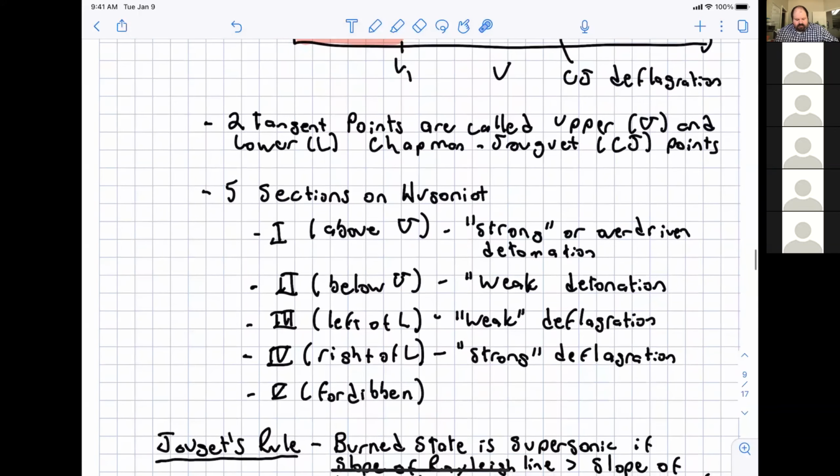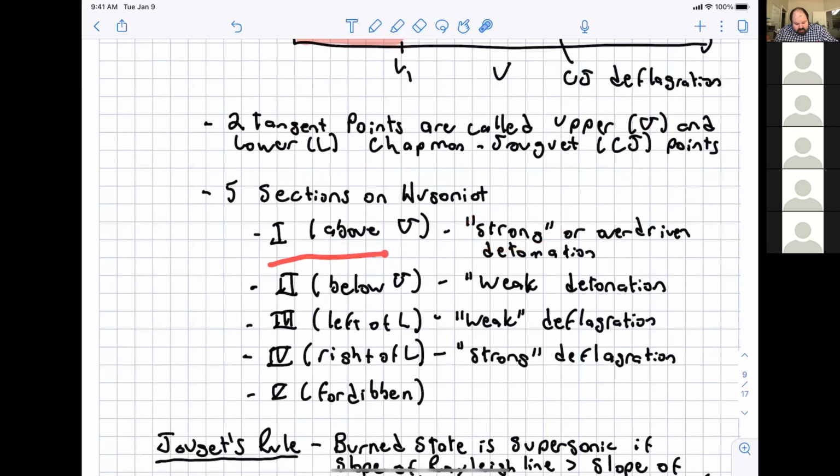And so, as I said before, the 2 tangent points are called the upper and lower Chapman-Jouguet, or CJ points. There are 5 sections on the Hugoniot, and I really wish these iPads could show a bit more on the screen at the same time, but I can't. So region 1, which was above the upper CJ point, is called a strong or overdriven detonation.